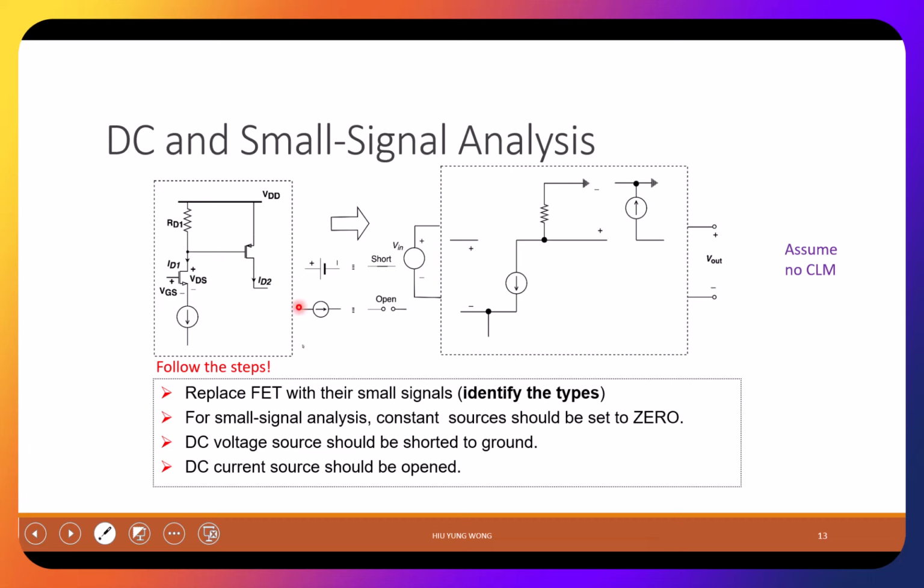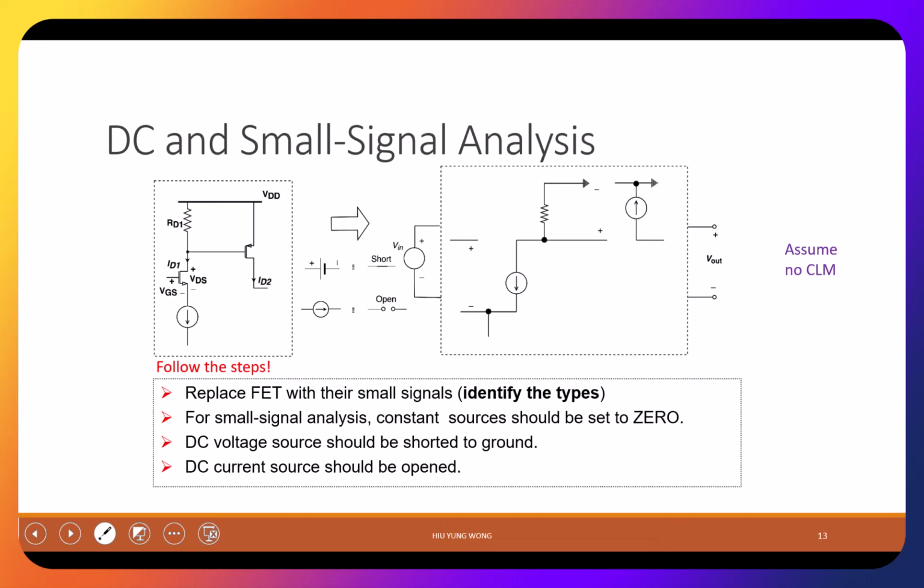So using the same token, can others explain to me why if I have a current source, with a constant current, why I will open it? What does it mean when you have constant current? Think about DC and AC again. We're talking about current, not voltage, right?